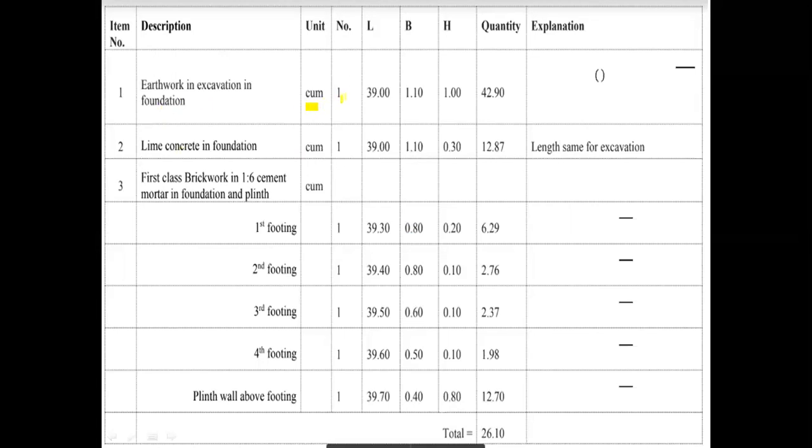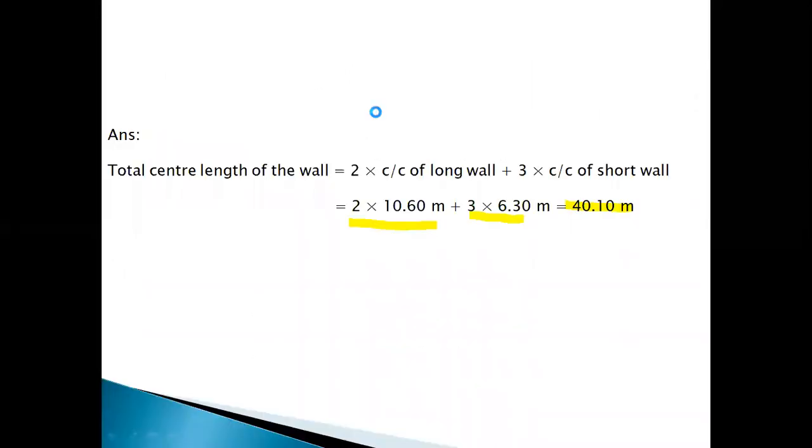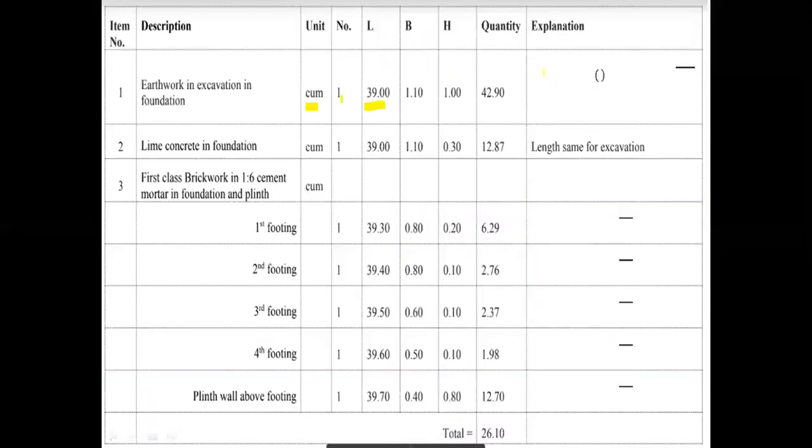This is the Centerline method, so every number is 1. Length: the total length is 40.10 minus 1.10, that equal to 39. It is another method.